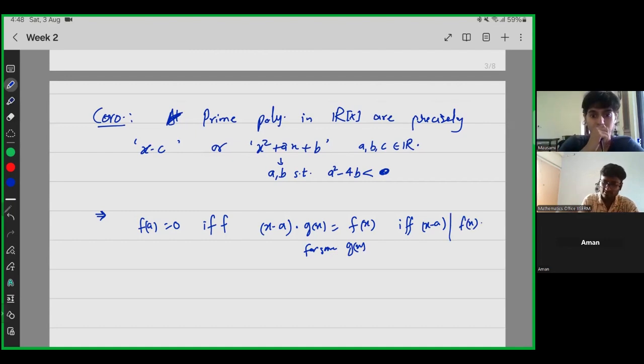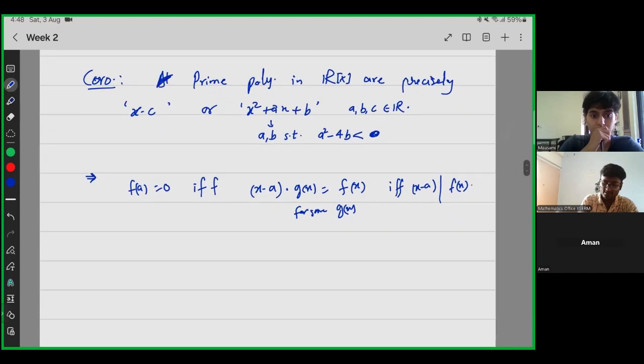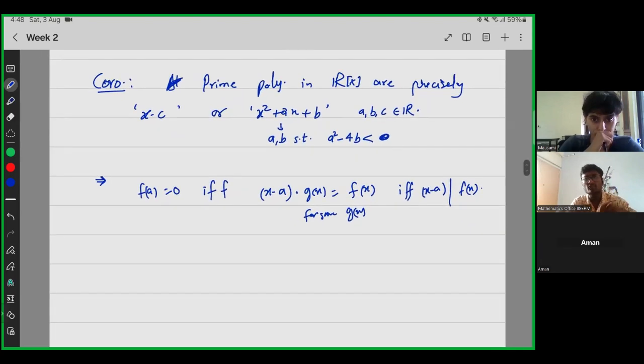Using that theorem, you will see that 2 or 3 degree polynomials are irreducible if and only if they have no roots, over R or over Q. Over C, every irreducible polynomial looks like x plus lambda, because every polynomial will split in C.